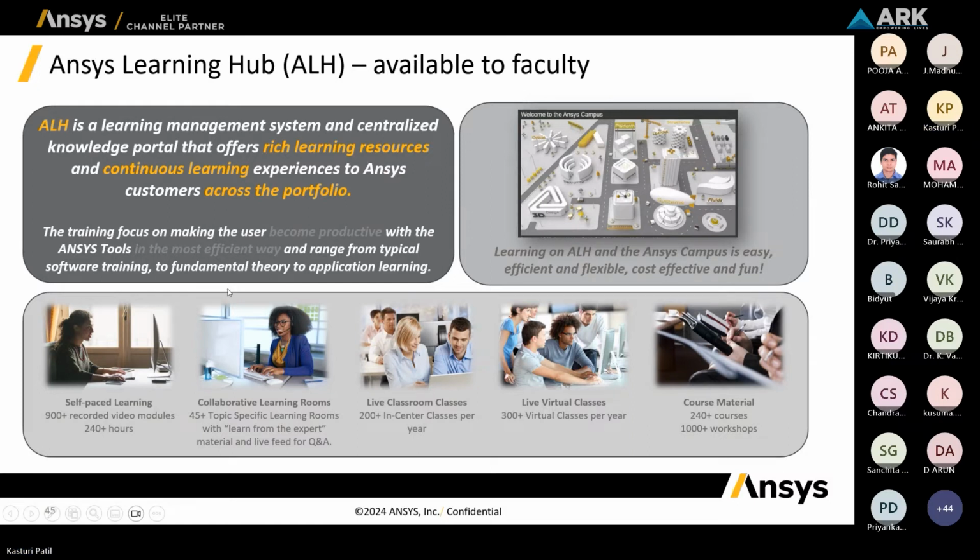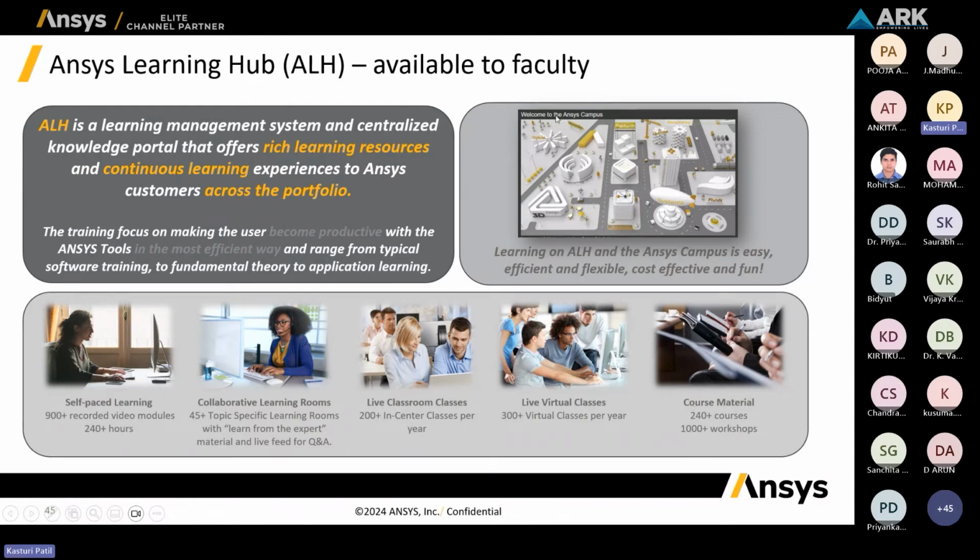Here, more than 45 topic-specific learning rooms are available. Also, we have 200 plus centers, live classrooms and virtual classes also available, more than 250 courses you can find, and 1000 plus workshops available in ALH.